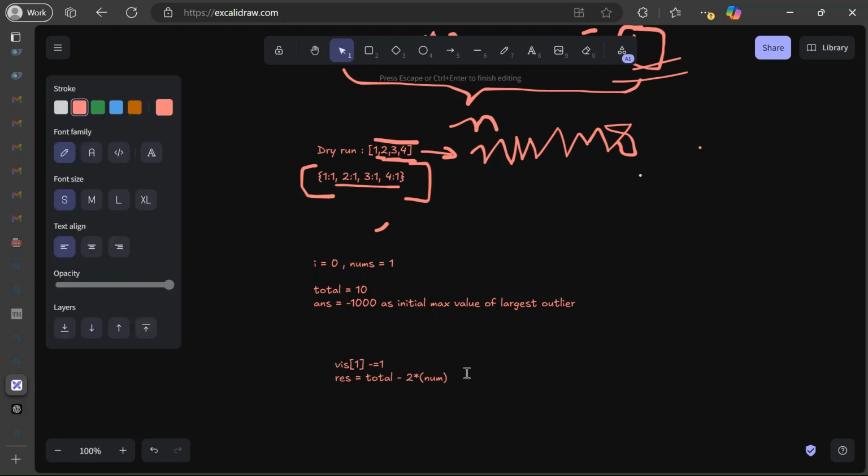This would be 8 here. And then if visit of this result, which is 8, is present in the dictionary, which is not here, I would update the answer with max of answer and this result.